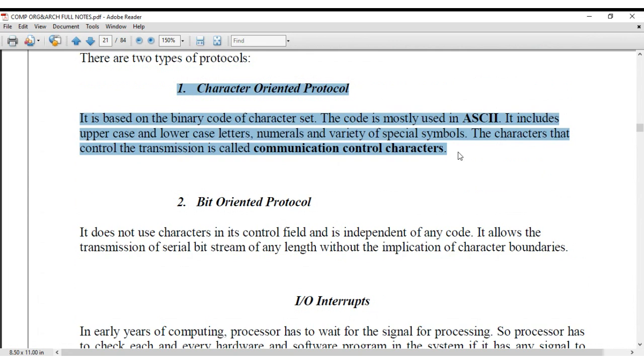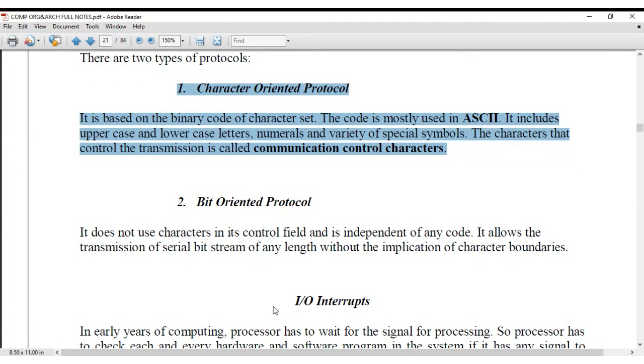So character-oriented protocols normally support multimedia devices, but bit-oriented protocols normally support devices that are not multimedia in nature. For instance, a computer connected to a printer. The communication happening is not multimedia in nature, so it is in bit form.